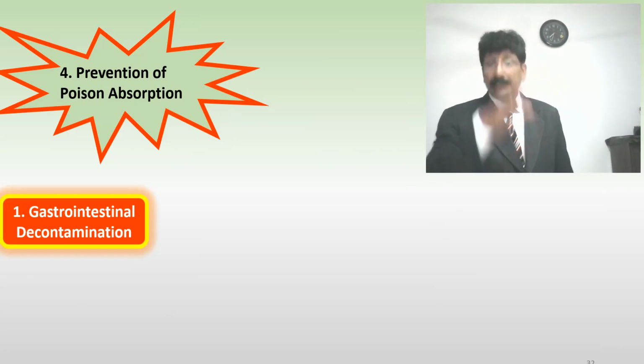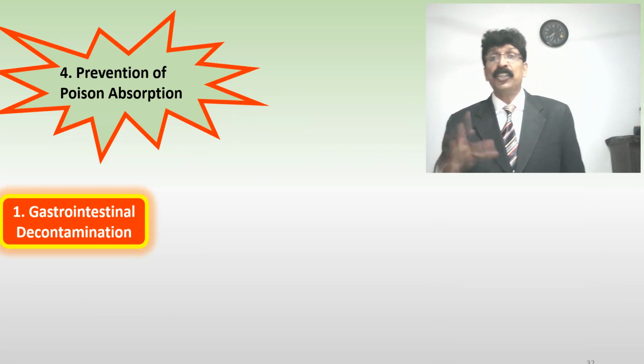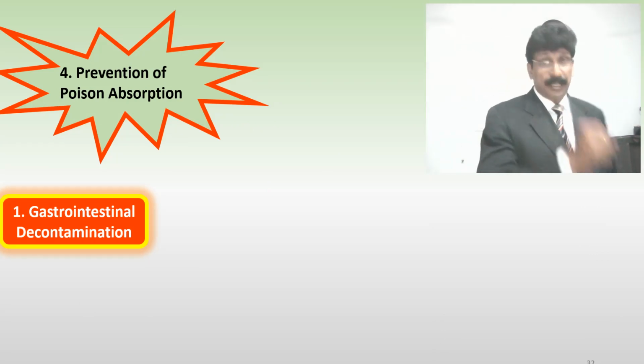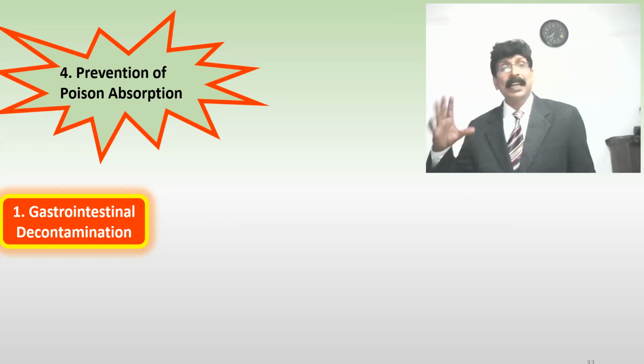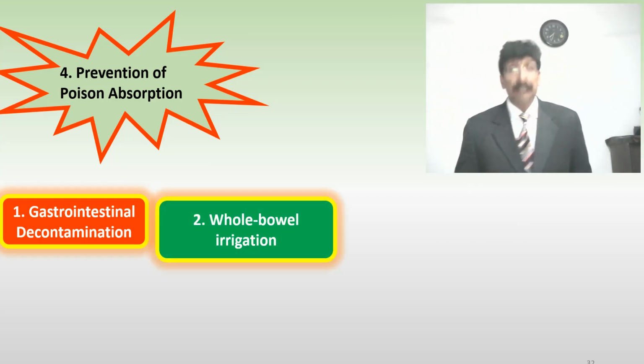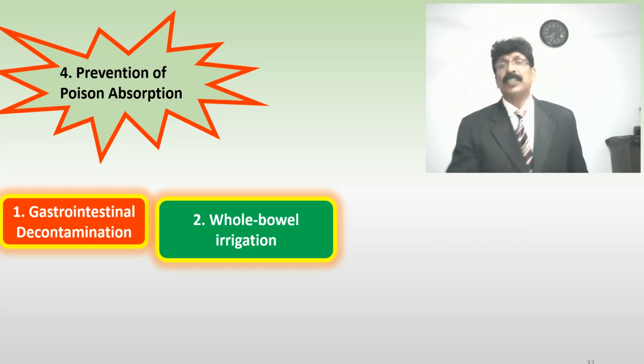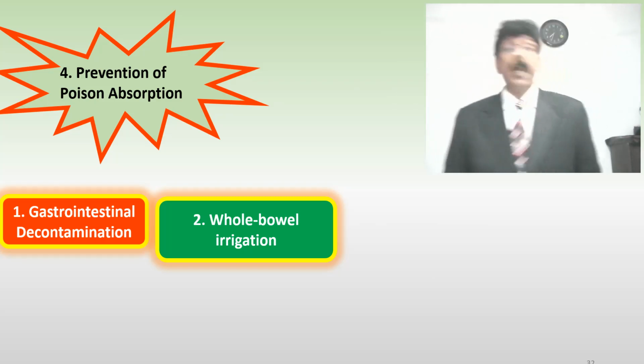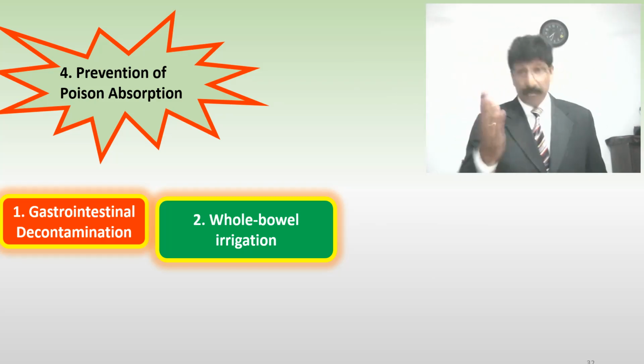Prevention of poison absorption is the next point which should be considered. Number 1, gastrointestinal decontamination. This is an important topic, with important questions. Essay questions have separately asked about gastrointestinal decontamination, and we have to study the different types in detail.